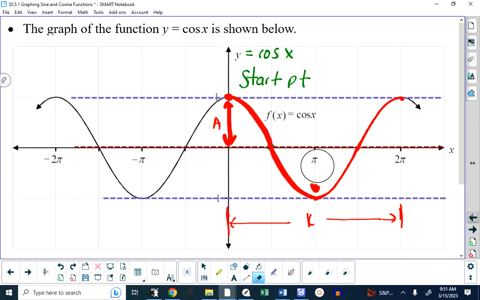This right here is pi over 2, 3 pi over 2. But the distance between those two is still pi, just like it was for sine of x. It's just that it doesn't start at the origin. So we can get away with saying pi over 2 plus multiples of pi. Those are the x-intercepts.